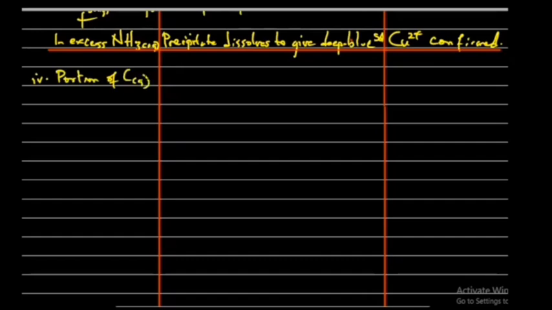Next, a portion of C plus barium chloride. A white precipitate was formed, and that tells us that we could be having SO4 2-.